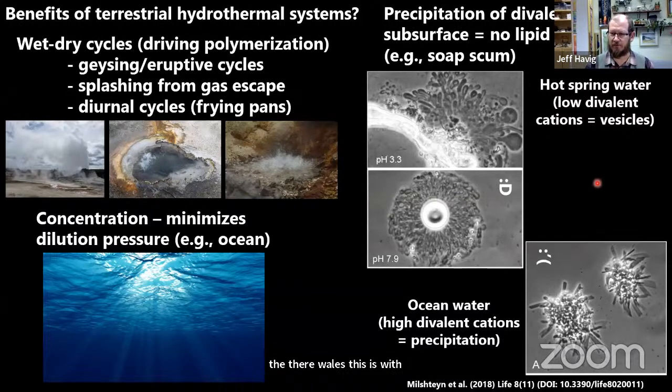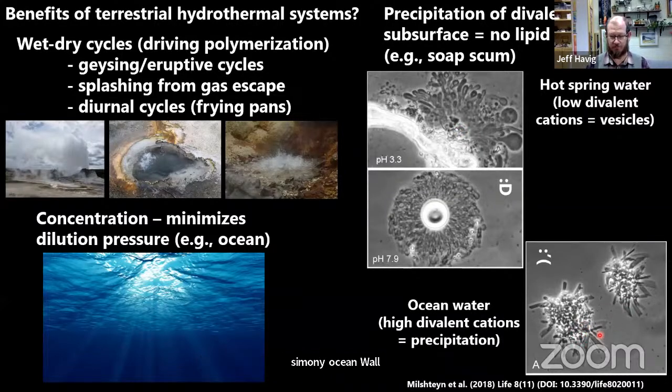And what we found was really fascinating. In hydrothermal systems, high pH, so here's a pH 8, here's a pH 3, it doesn't matter the pH. If you put in a wide range of different types of lipids, they form little vesicles. Whereas in simulated ocean water, they crystallize.